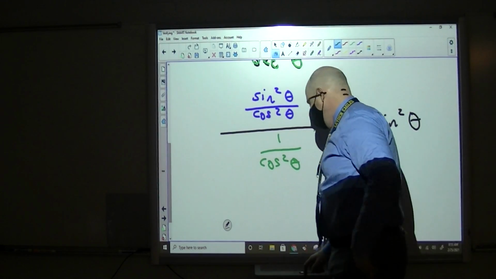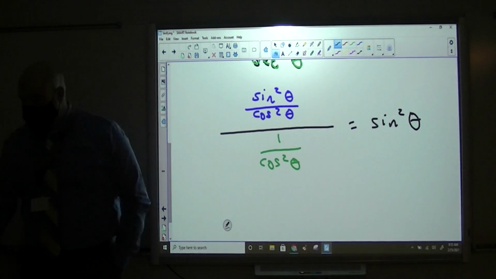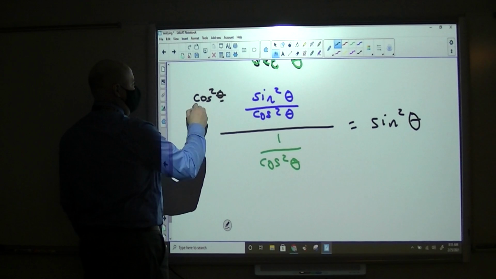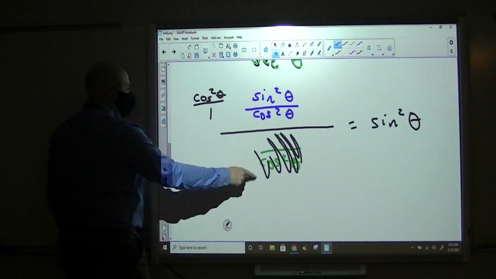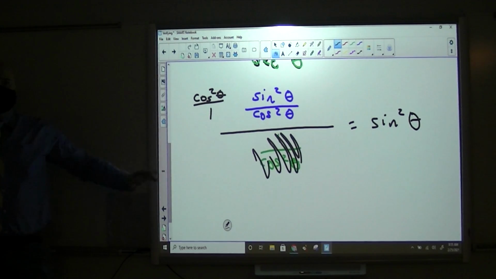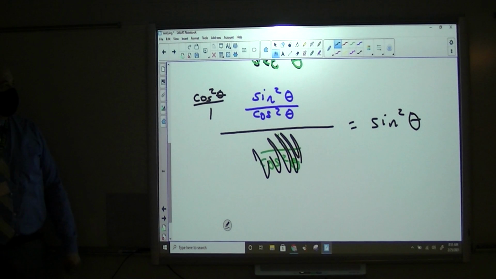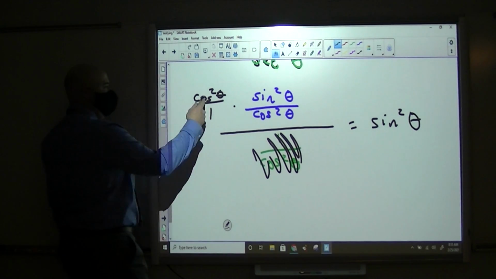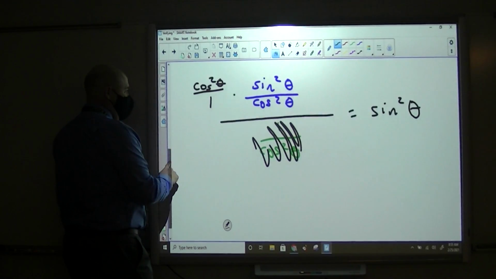And when we do that, where'd my pen go? This is going to be cosine squared theta over 1. I'm just going to move it up there. And now when I multiply these, what happens? We cancel on the diagonal, right?